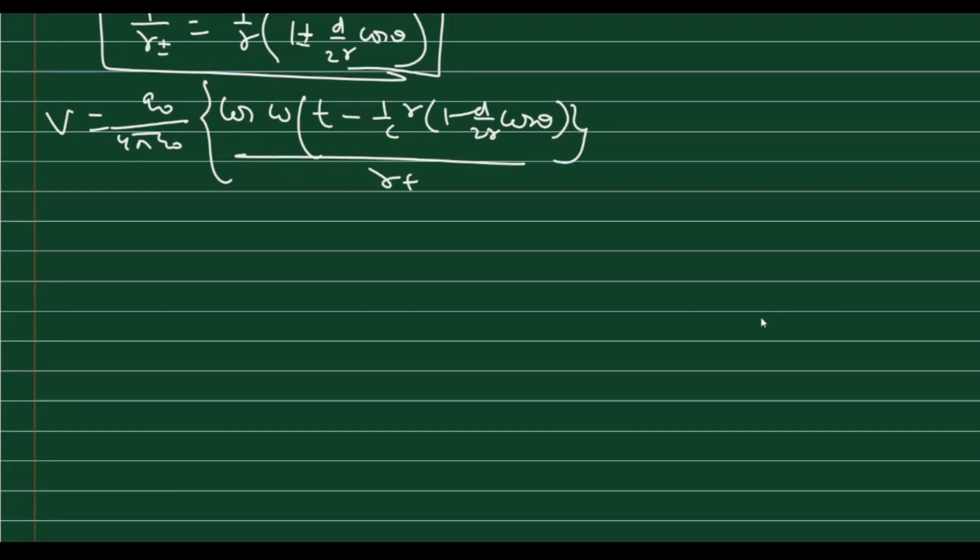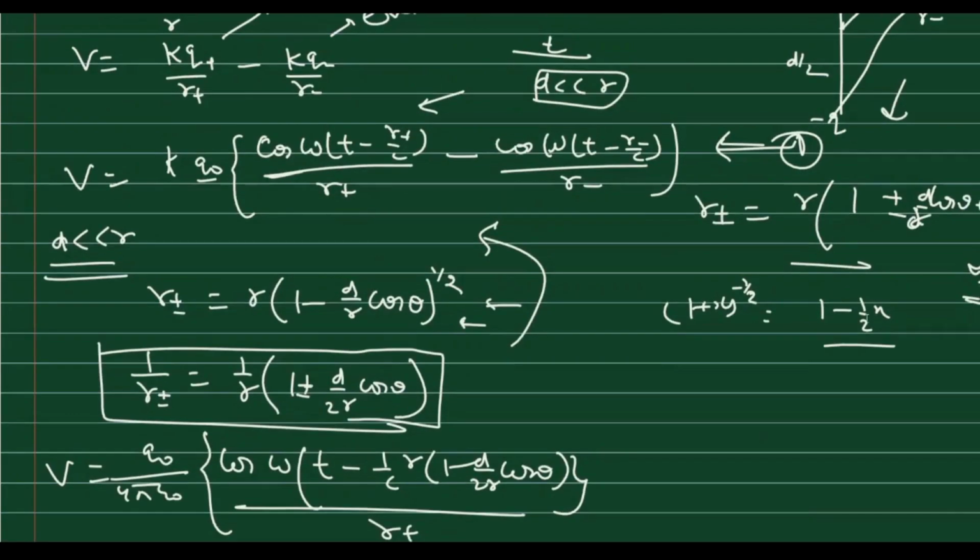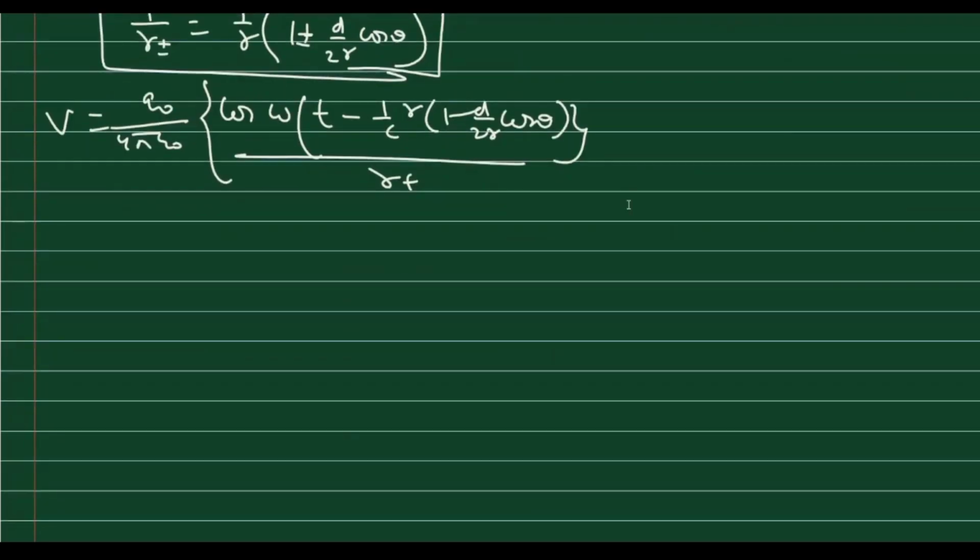So you can see what I have done here: r plus upon c, there is r plus upon c. So we are putting the value of r plus here, that is r into 1 minus d by 2r cos theta. Simply, okay. We are not doing any hard calculation. So this is now minus cos of omega t minus r into 1 plus d by 2r cos theta, and here the form r minus.